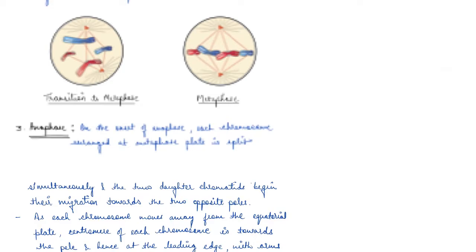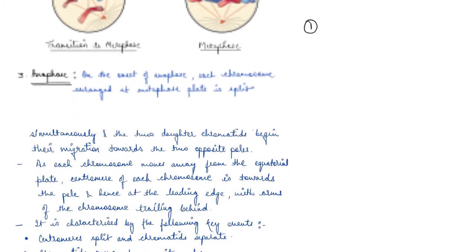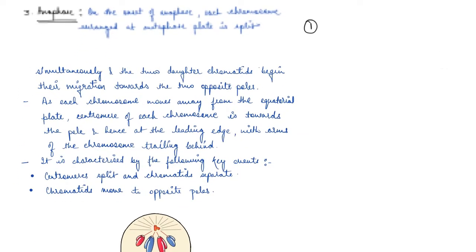So the first event is the centromeres split, and these chromatids separate.